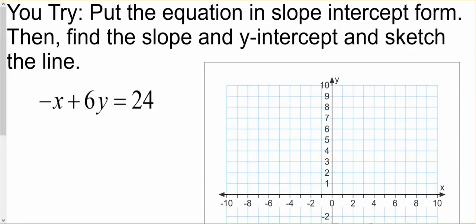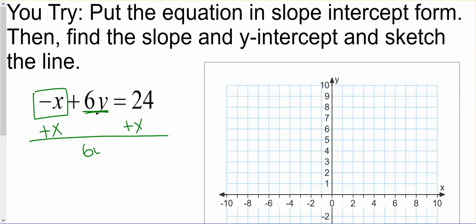So you try this one. Take a second, hit pause and do it. When we look at this, our y is being multiplied by 6 and we're subtracting x. So I want to undo the subtraction first. We're going to add x to both sides.